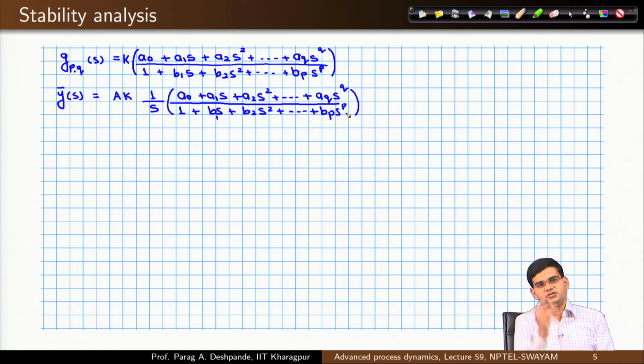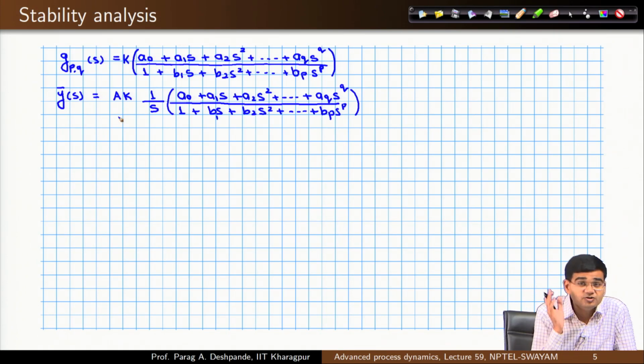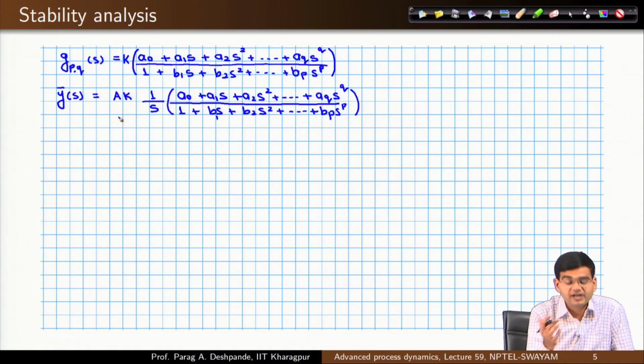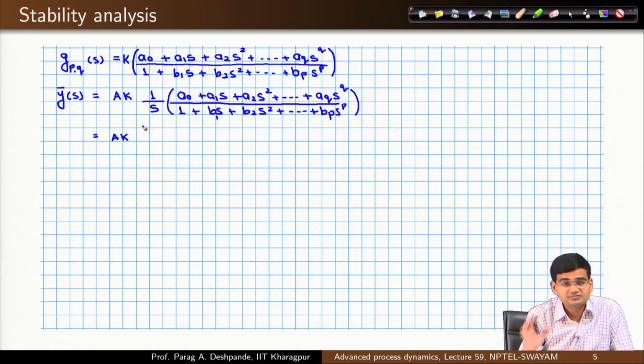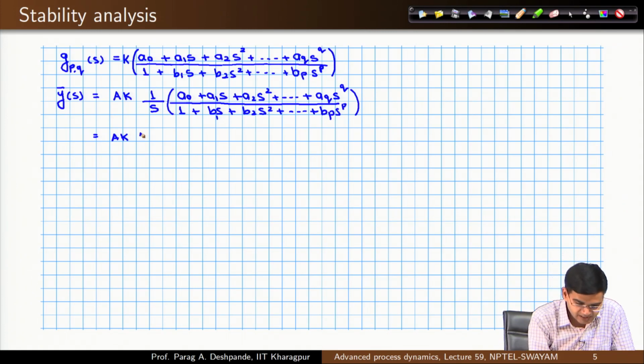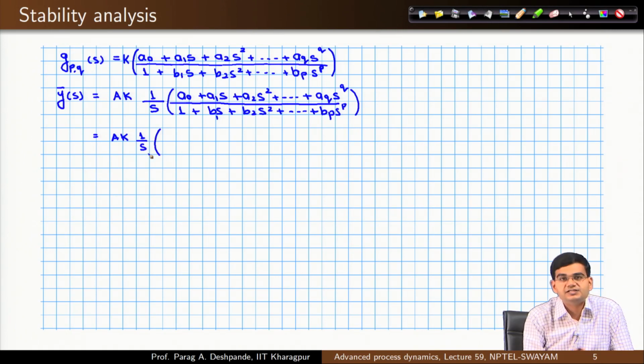How will I do the Laplace inversion? Well, I know that I will need to do a partial fraction. So, imagine that I can factorize the denominator. I do not worry about the numerator. I need to factorize the denominator, and let us say that the denominator can be factorized as follows.